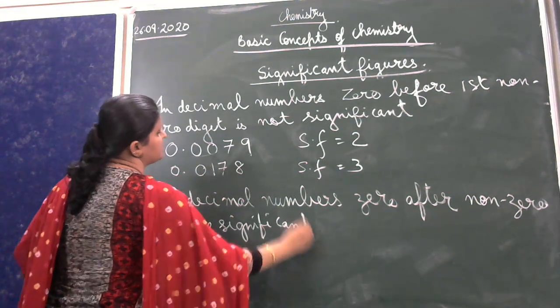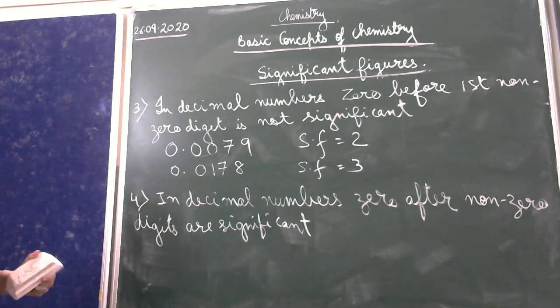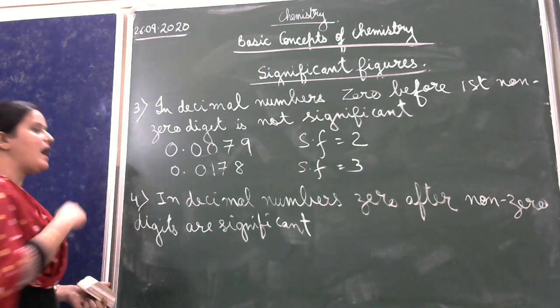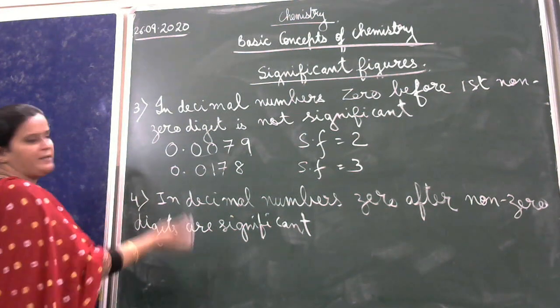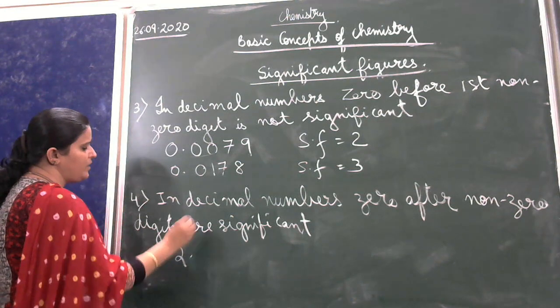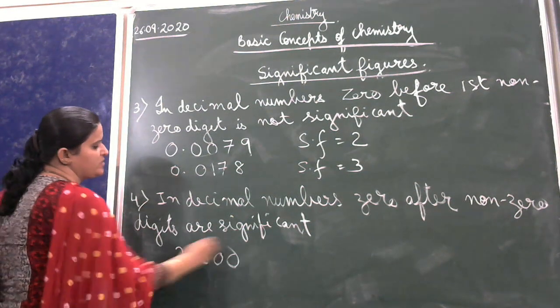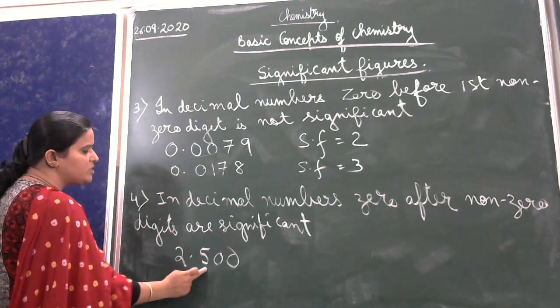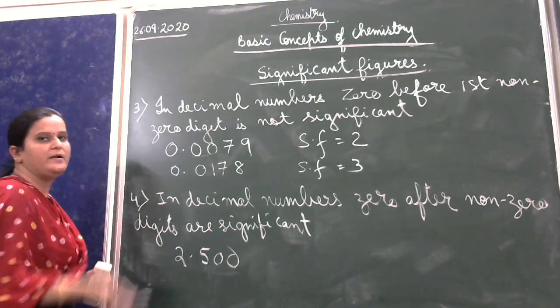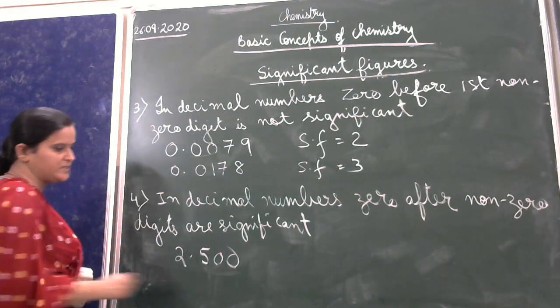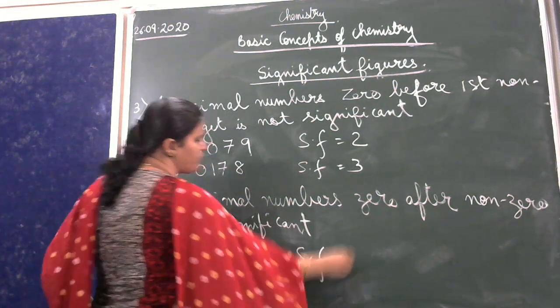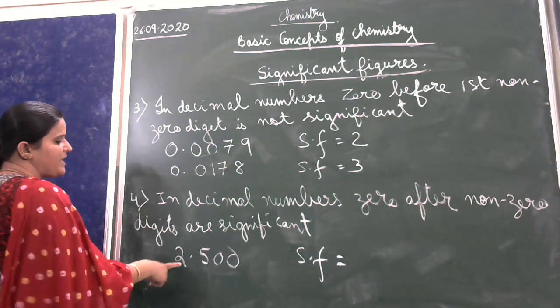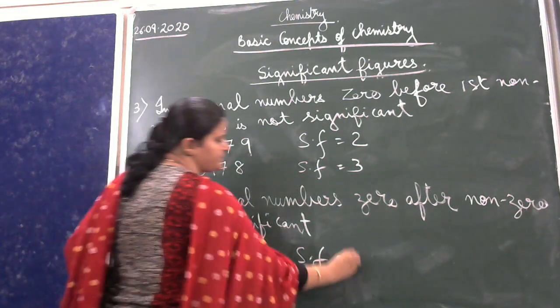What does this rule say? In a decimal number, zero after the non-zero digits will be significant. For example, 2.500. The zeros after the non-zero digits will be counted for significant figures. So how many significant figures do I have for this number? The answer is 1, 2, 3, 4.